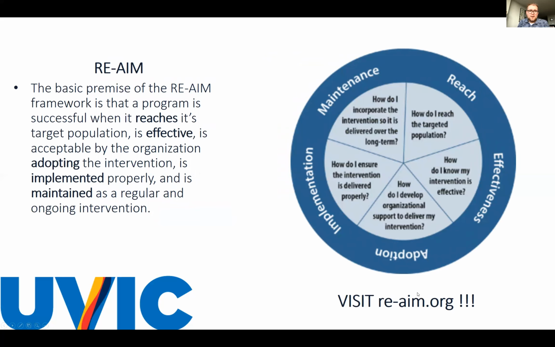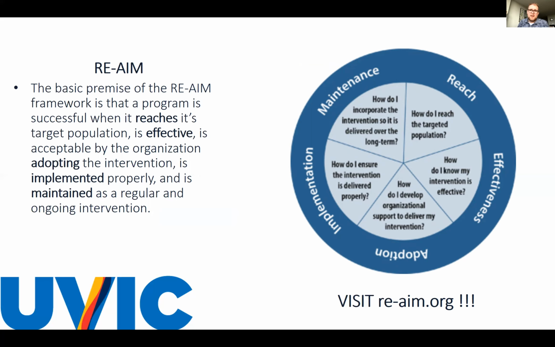Now, RE-AIM also focuses on 5 things. It's not quite the same 5 things as we look at in the CFIR model. So oftentimes you'll see RE-AIM and CFIR being used complementarily to evaluate different components of an intervention.